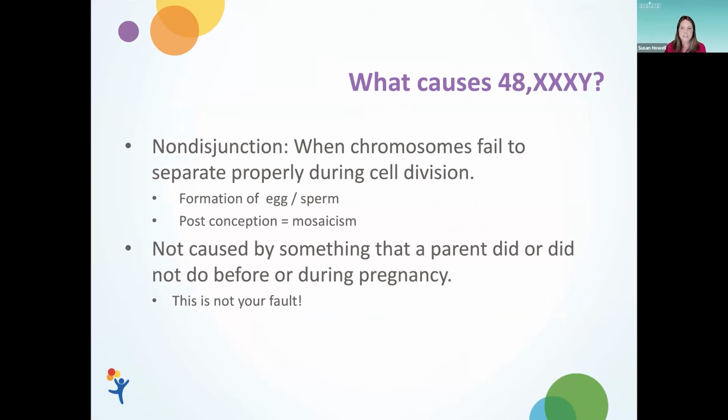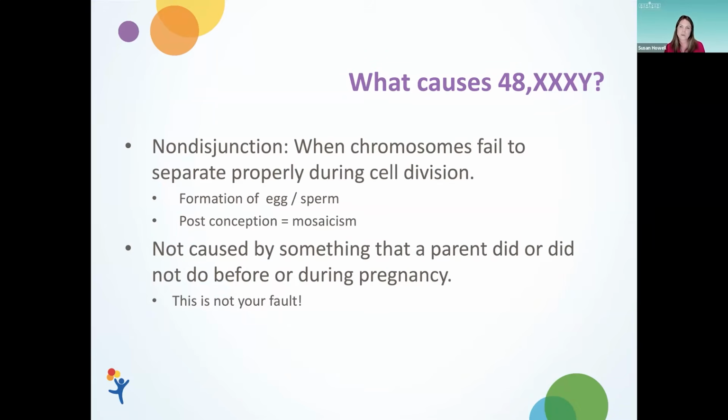So what causes 48XXXY? This condition is a result of the chromosomes not dividing properly during cell division. Most commonly, it results from the formation of the egg or the formation of the sperm, in which there are extra chromosomes present at the time of fertilization from the egg or the sperm.